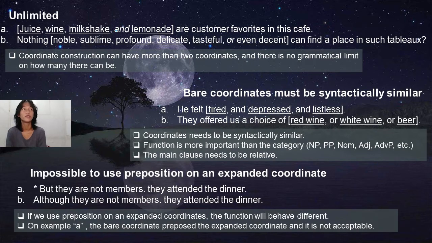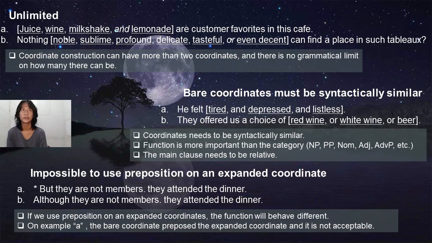Here, unlimited means that a coordination can have two or more coordinates, because there is no grammatical limit on how many there can be. You can see the example. In the first example, it has four coordinates: juice, wine, milkshake, and lemonade. And the coordinator is and.